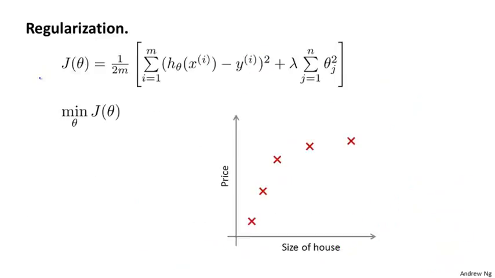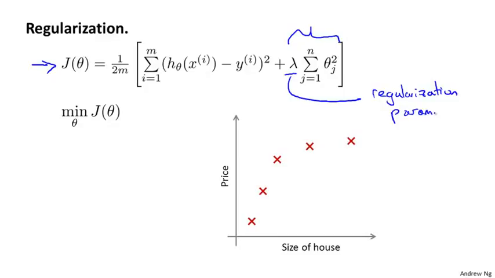Writing down our regularized optimization objective, our regularized cost function, here it is. Here's J of theta, where this term on the right is the regularization term, and lambda here is called the regularization parameter. And what lambda does is it controls a trade-off between two different goals.